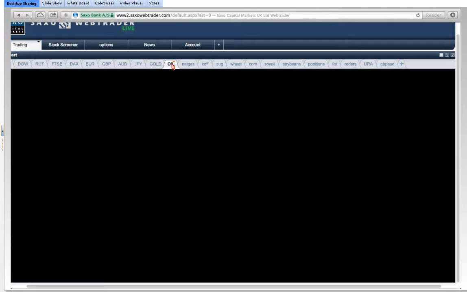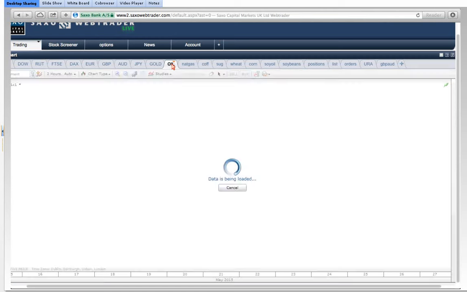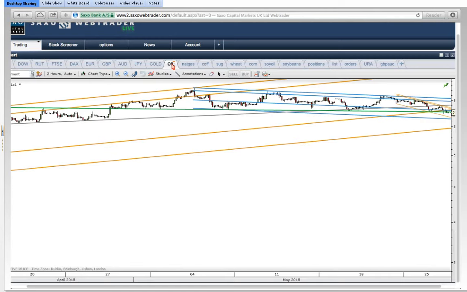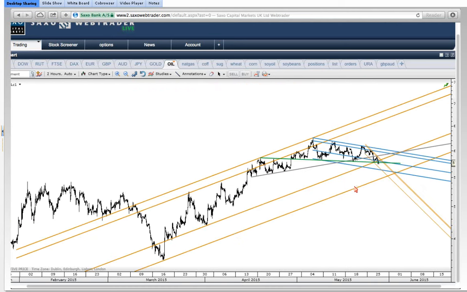So all of my lines are already plotted, so I'm not going to delete them. Let me just put it on the 4-hour chart so we see some colors.